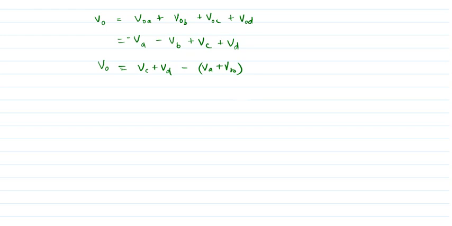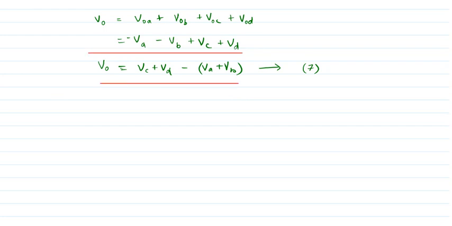That will be equation 7, I think. Equation 7. Okay, so this is the value for the differential configuration summing amplifier.